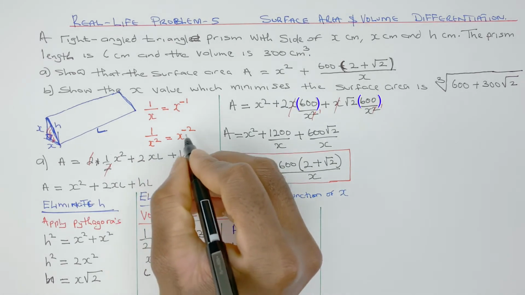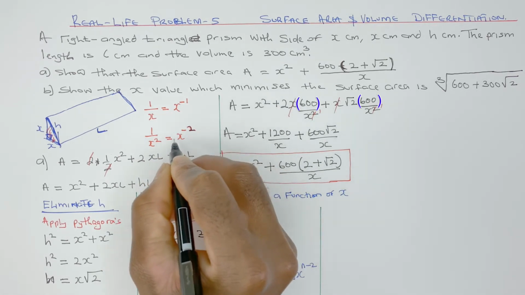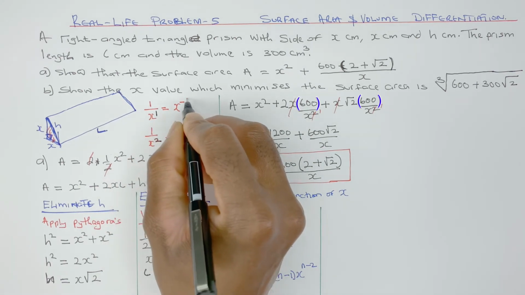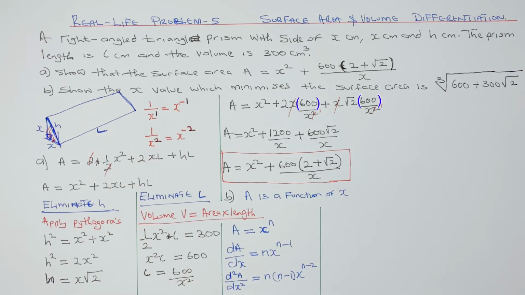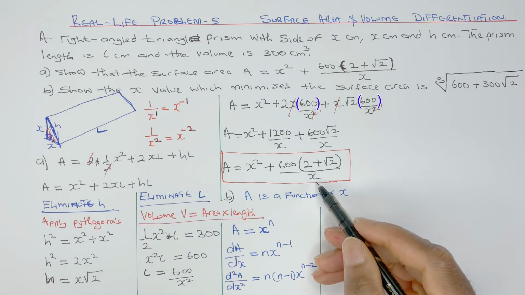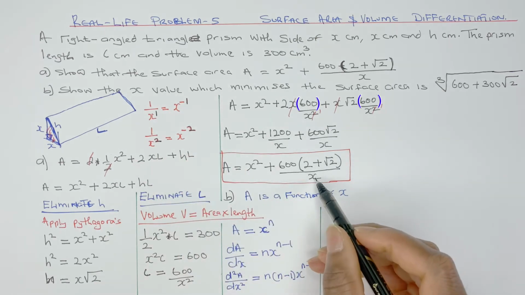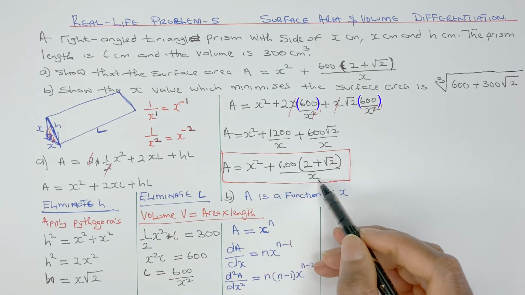You can see that 2 here is that 2 here, and the 1 here is the 1 there. So that's how we need to express that one. We need to change that from over x to x to the power minus 1. This is okay, but that needs to change.